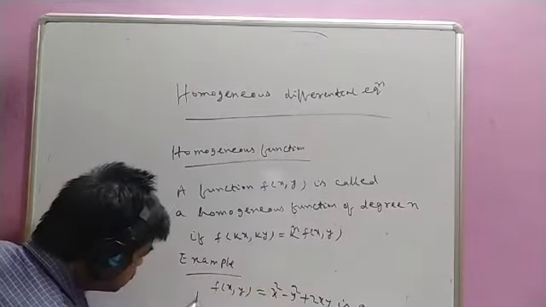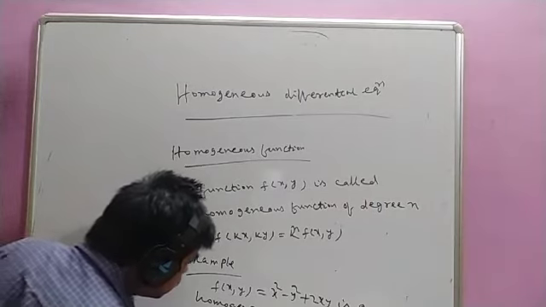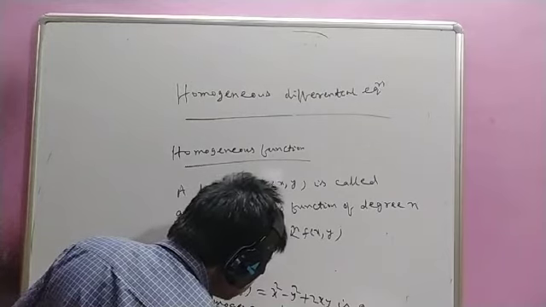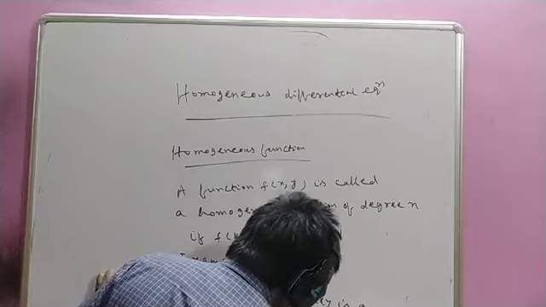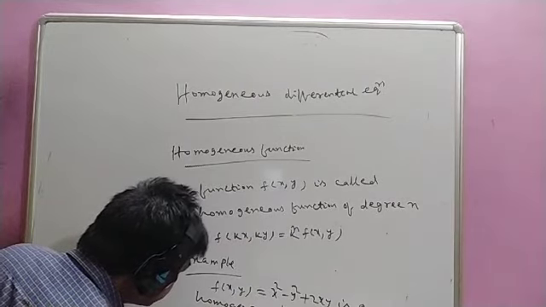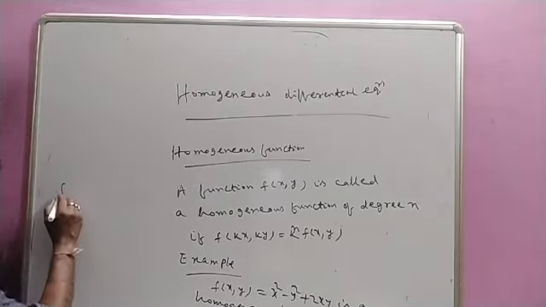Now I can say this is a homogeneous function in x and y of degree 2. How is it degree 2? Let us see.